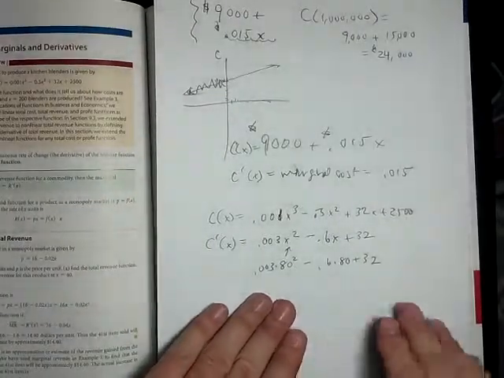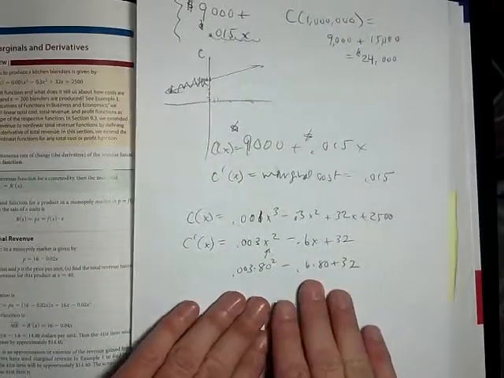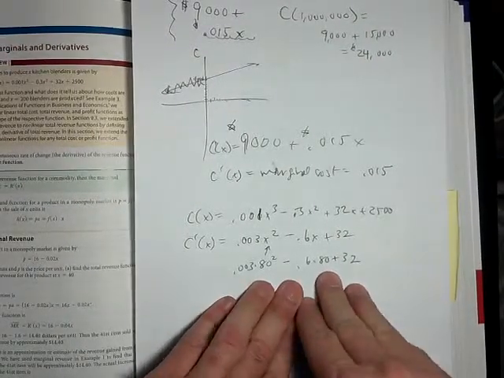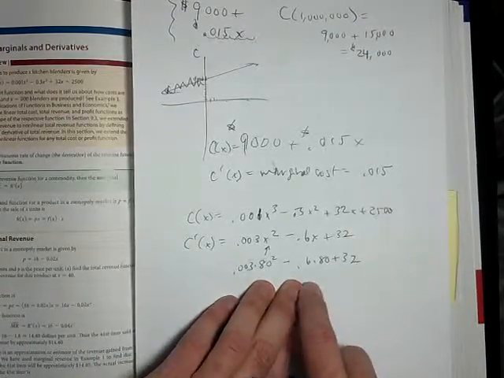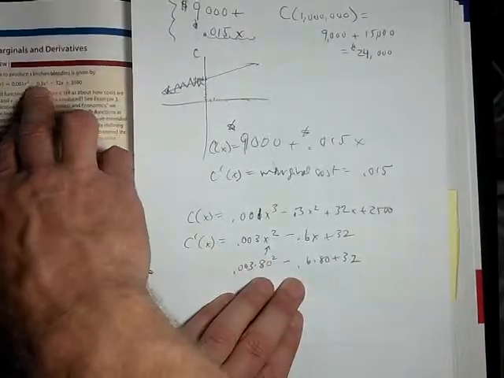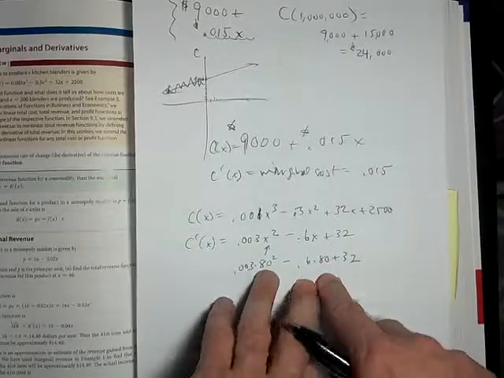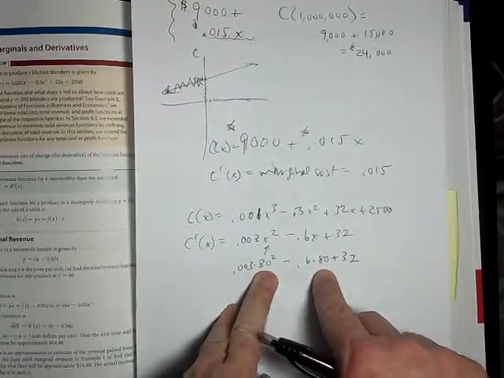But whenever you put this in your calculator, it will tell you approximately your marginal cost. In other words, your cost of one more blender, I think they're selling blenders here, once you've already made 80.